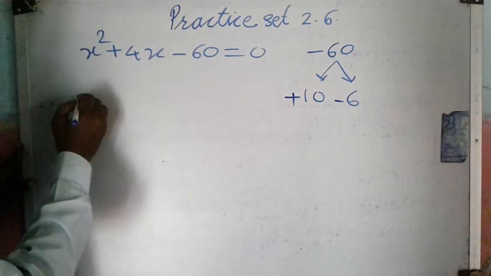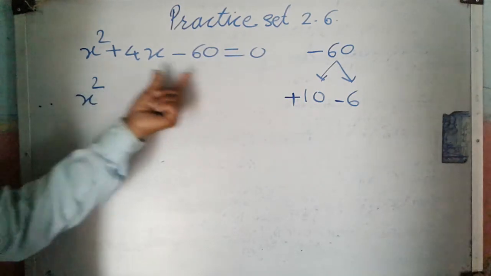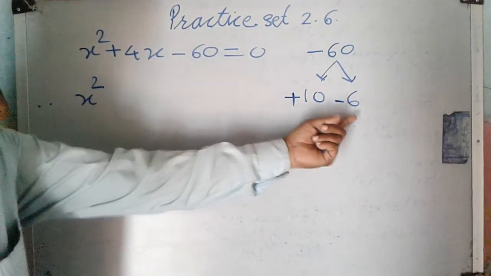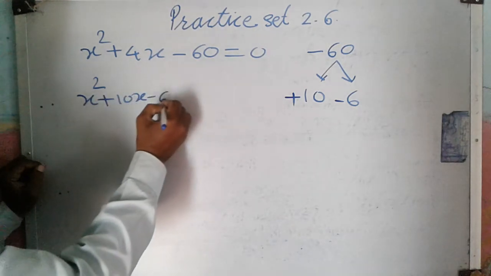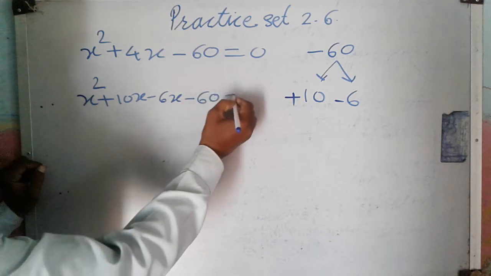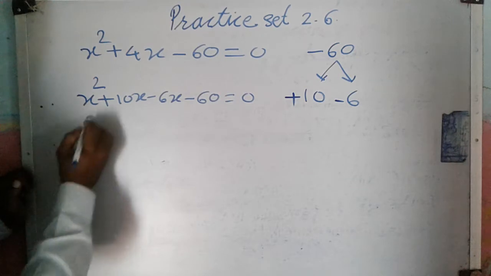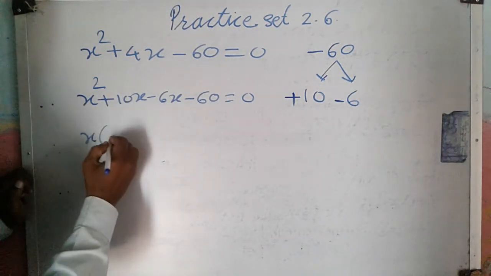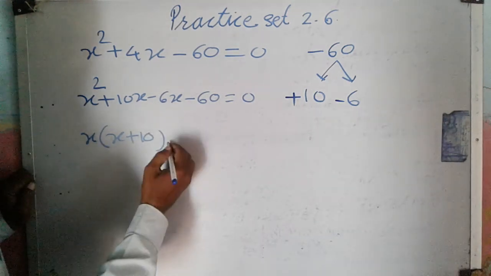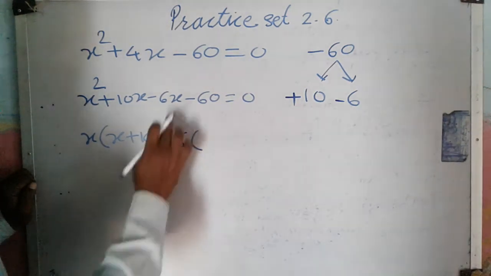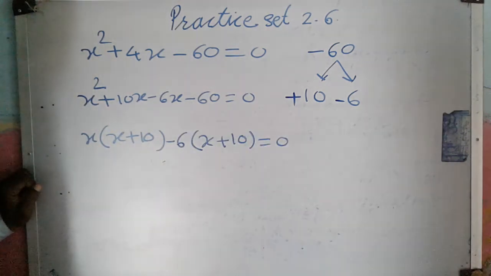So we will write the middle term 4x in the form of plus 10x minus 6x. Now from the first group, x is common, in bracket it remains x plus 10. In the second group, minus 6 is common, in bracket it remains x plus 10, is equal to 0.